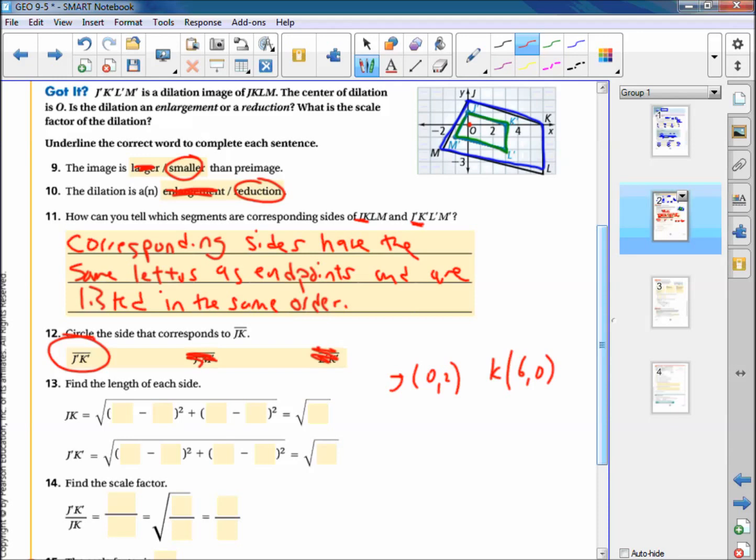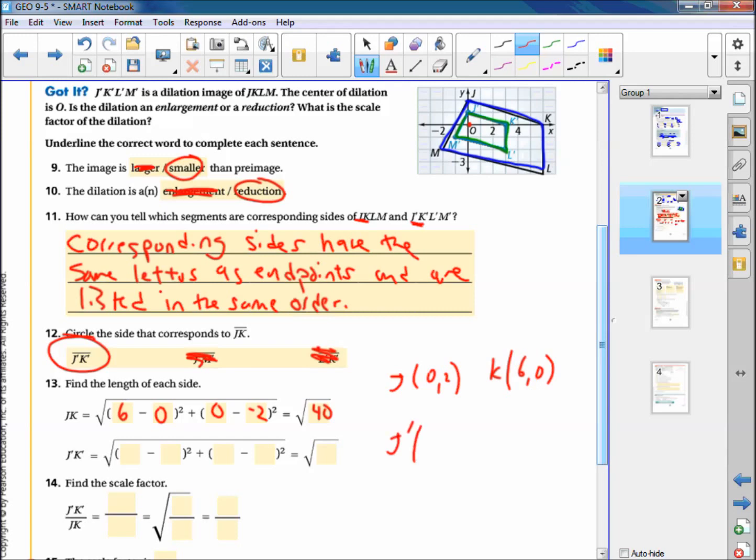All right, so we'll find the length of JK. We're going to do the difference in the x coordinates, so 6 minus 0 squared, and the difference in the y coordinates, so 0 minus negative 2 squared, and then we'll add those up, so that becomes 36 plus 4, which is the square root of 40. Okay, and then we want to find the distance from J prime to K prime. Let's do J prime's point first.